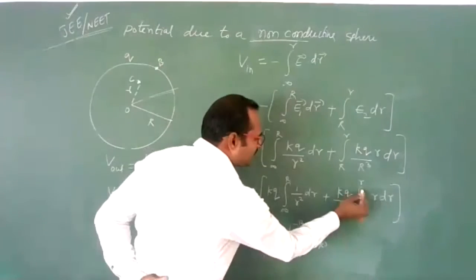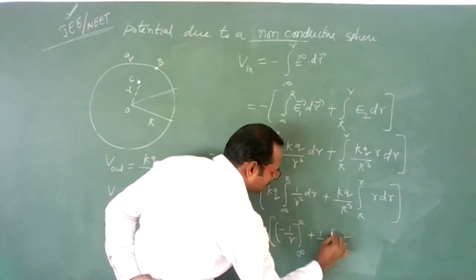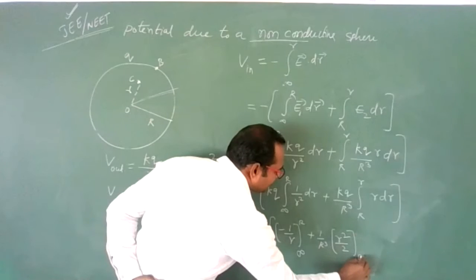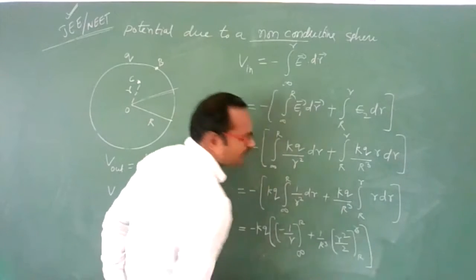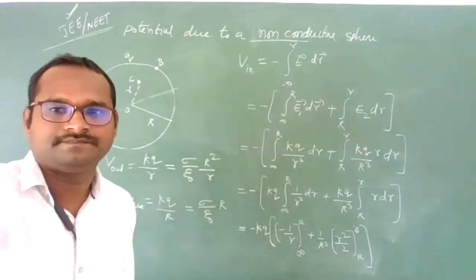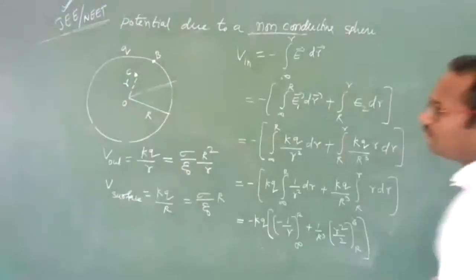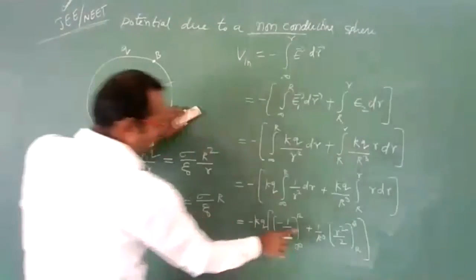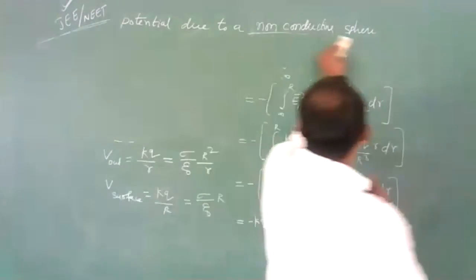Now integration of r dr is r square by 2, and r has limits from capital R to small r. I hope you are understanding what I am writing there.